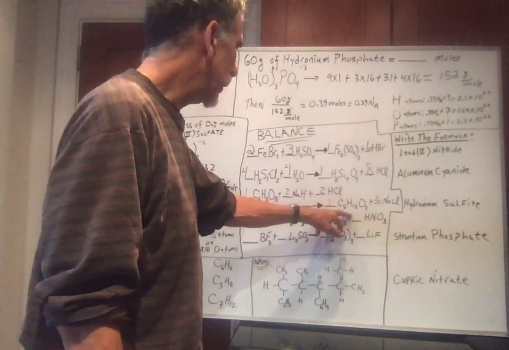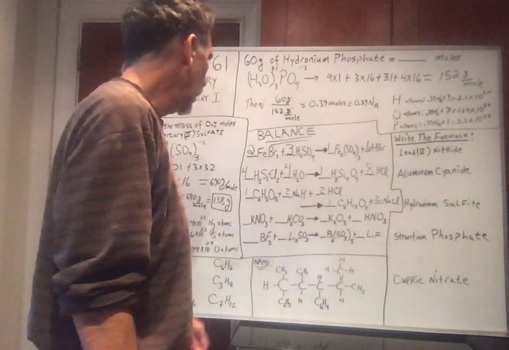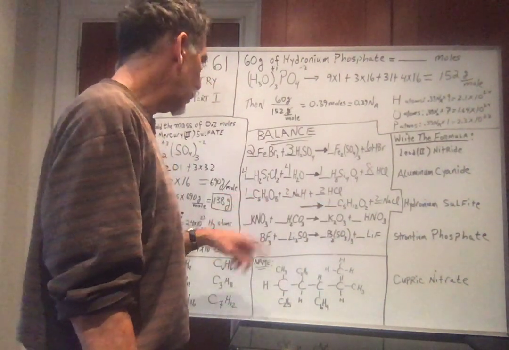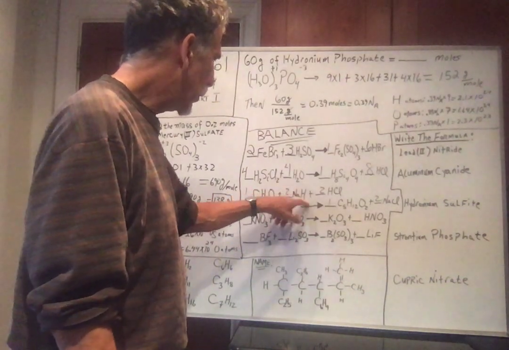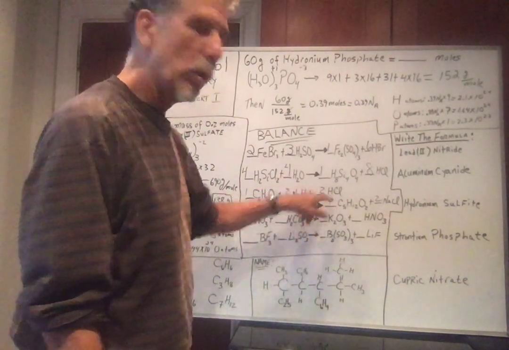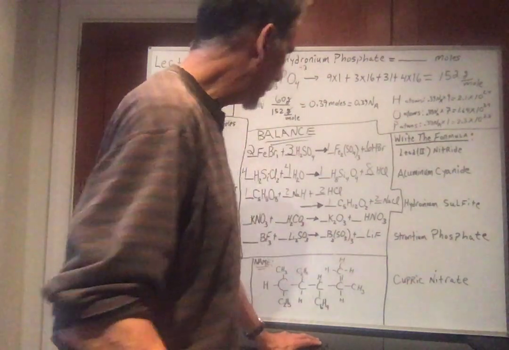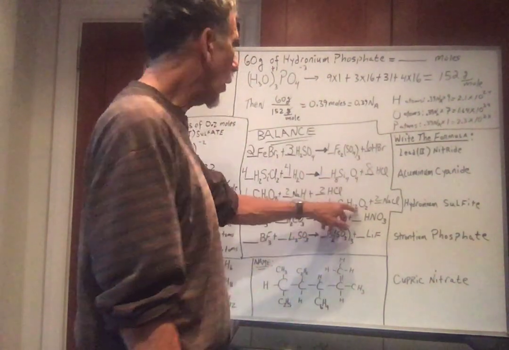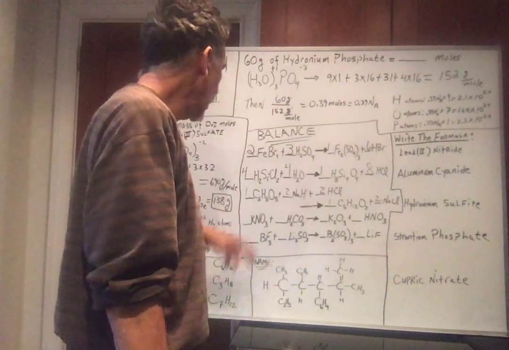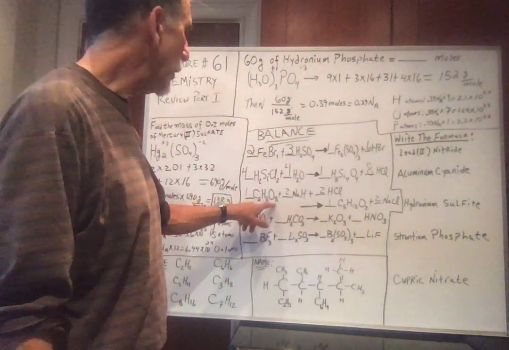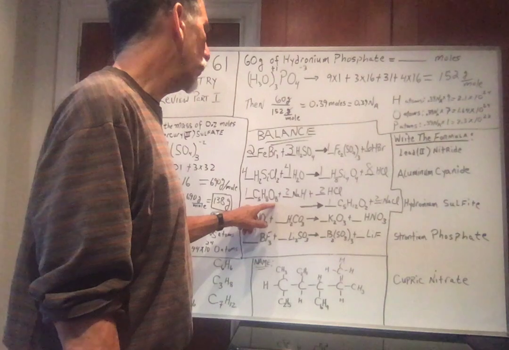Go on the right side, there's a 5. That's good. Let's count hydrogens now. Hydrogen's a little more complicated. We have 8, and 2 is 10, and 2 more is 12 hydrogens. So let's see if we have 12 on the right-hand side. Oh, look, we have 12. 1 times 12. Hydrogen's good. Oxygen 8. And what do we have here?